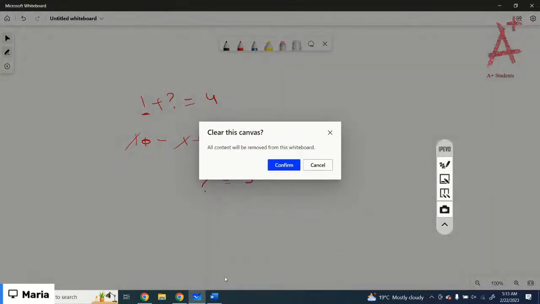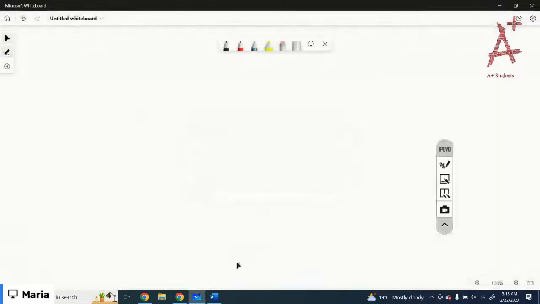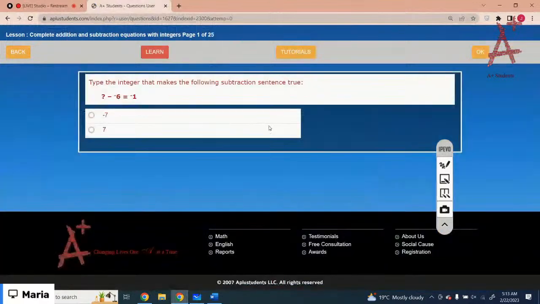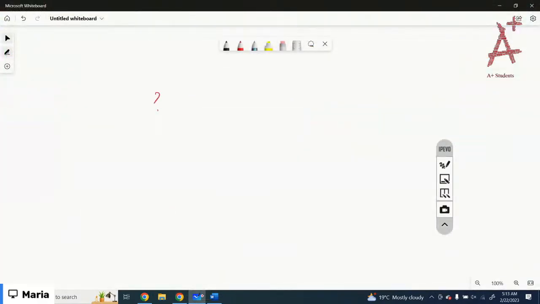Let's just start with the test questions. Okay, the missing number take away negative 6 equals negative 1. Let me write it as missing number minus negative 6 equals minus 1. So add negative 6 both sides.